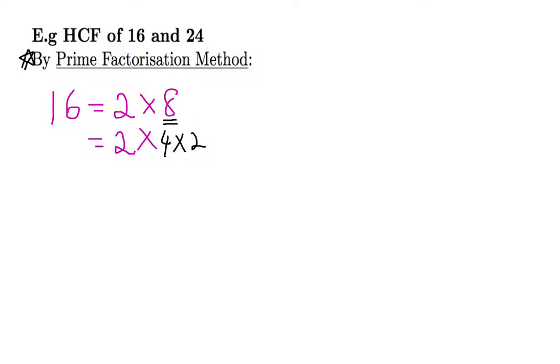Then 4 can be broken down to 2 times 2. So we have 2 times 2 times 2 from 4, and then times 2. So you realize that there's one additional 2. So you have 2 to the power of 4, right?